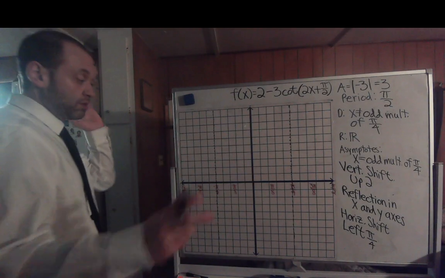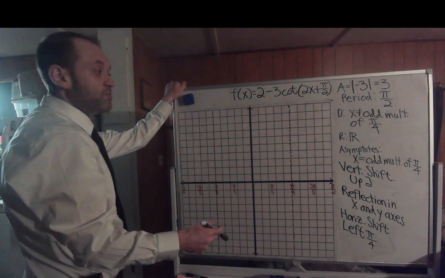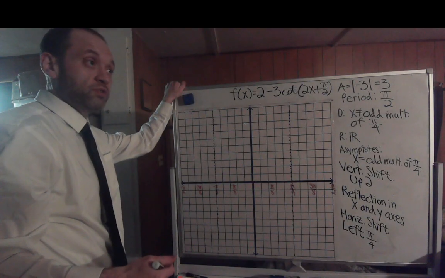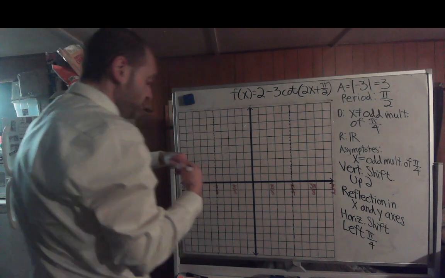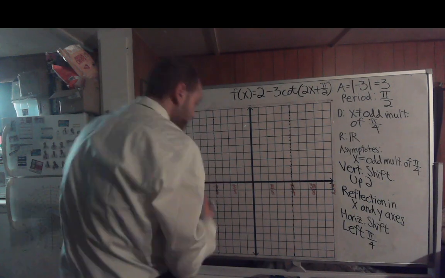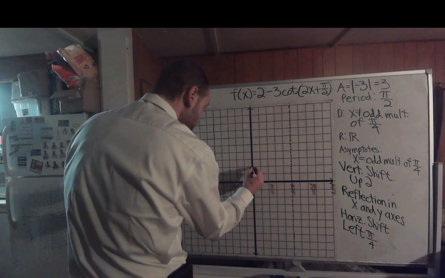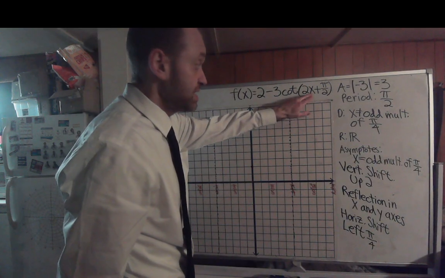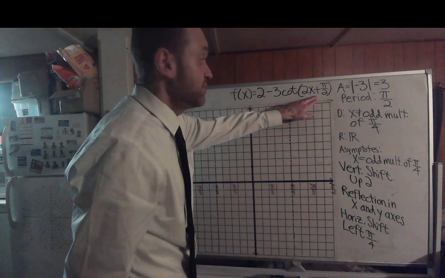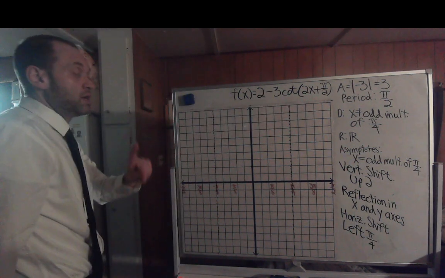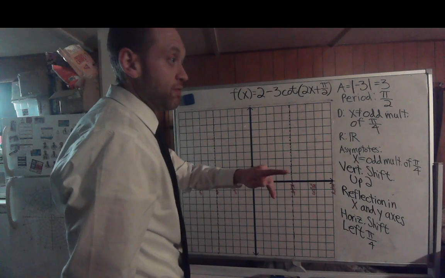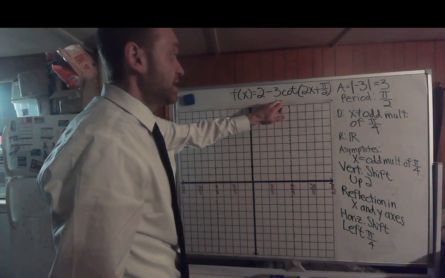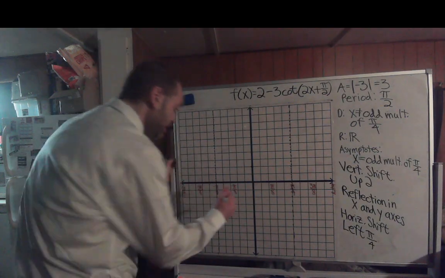So normally 0 would be disqualified, but if we put in 0, you'll end up actually getting the cotangent of pi over 2, which is 0, plus a 2 would actually put you up at 2. Now let's put in negative pi over 8. 2 times negative pi over 8 is negative pi over 4, plus pi over 2 gives you positive pi over 4, which is the cotangent of positive pi over 4 is normally 1, but if you take negative 3 times that, you'll end up getting negative 3, plus that 2 gives you negative 1.